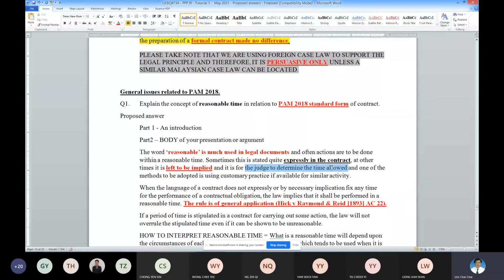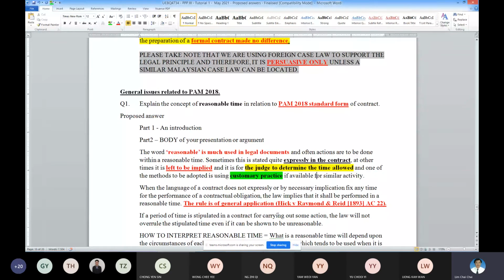So how does the judge do it? The judge will use this method, customary practice, if available, to decide whether the time is reasonable or not. So one of them is customary practice. This helps you define what is reasonable.